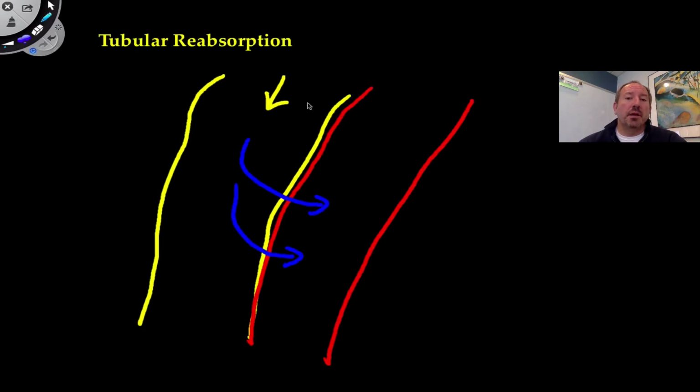But as I've said before, sometimes, for example, I'll just pick sodium, which is a positively charged ion. Sodium doesn't simply diffuse because it is positively charged. In order for sodium to pass through, you're going to need a sodium transport protein that is specific for sodium, and then it can pass through.